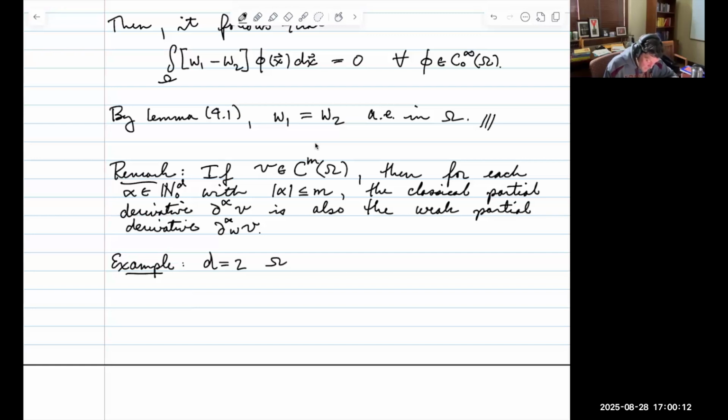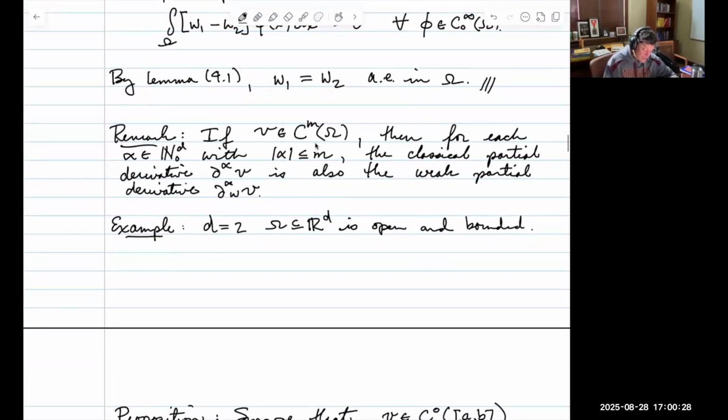So omega is open and bounded. Okay, so now we can let m be anything we want, but I want to focus on an example where we're dealing with a very simple derivative. So the partial of phi with respect to x1, say.